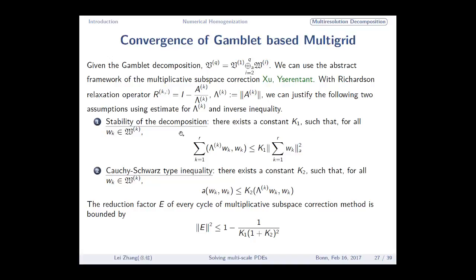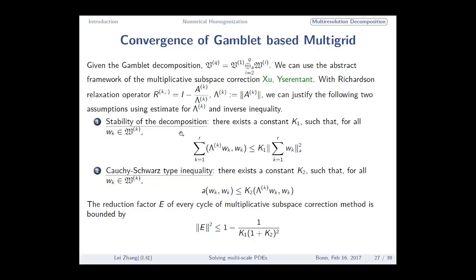We have to prove the stability of the decomposition, so it's something like this. Because the W_k are orthogonal, you can do this level by level. And you have the Cauchy-Schwarz type inequality, also because of the orthogonality of these subspaces, which reduces at each level. You just justify this.